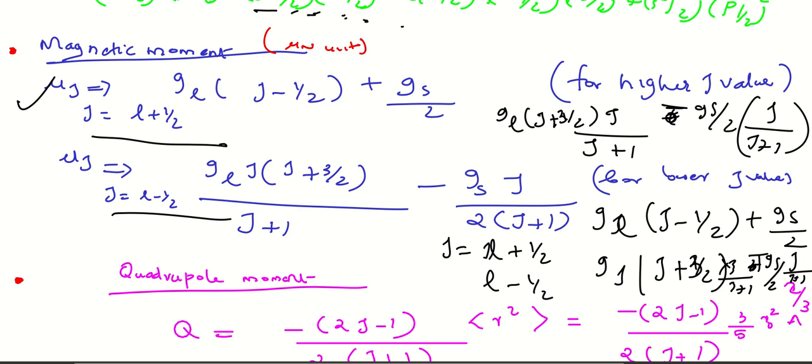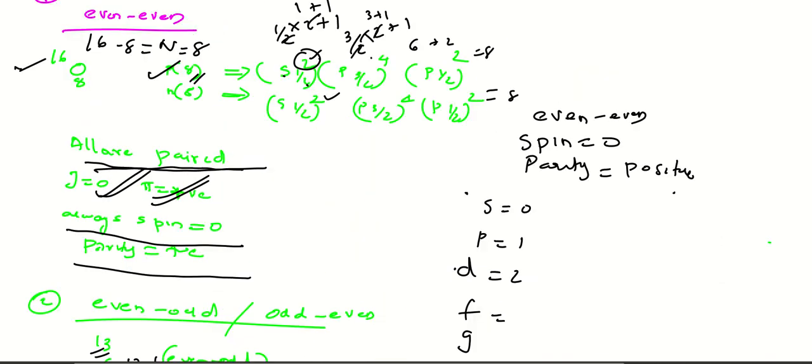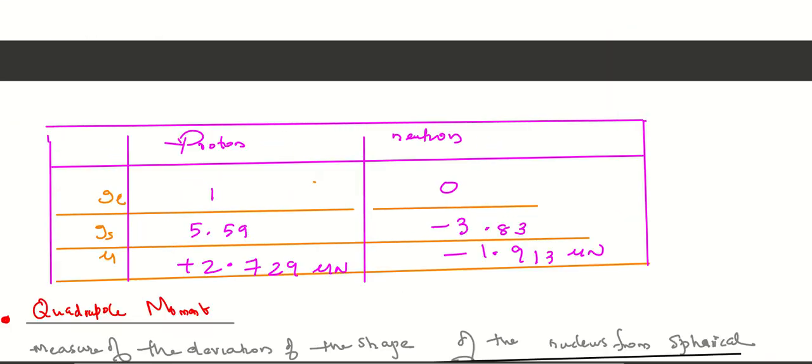So, we will remember the GL and GS values for proton and neutron. Okay. GL for proton 1, neutron 0. GS for proton 5.59, for neutron minus 3.83. Mu for proton is 2.729 mu n, for neutron minus 1.913 mu n.